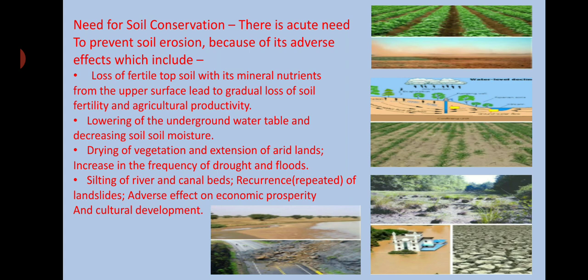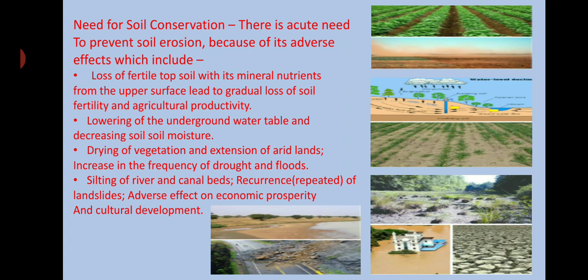And then the last one is silting of river and canal beds, recurrence, that means repetition of landslides. This adversely affects the economic prosperity and cultural development.